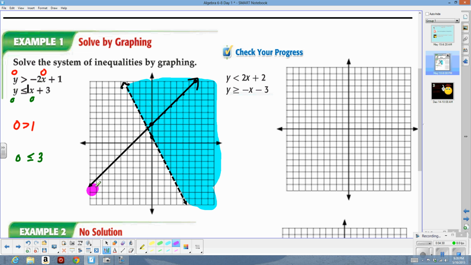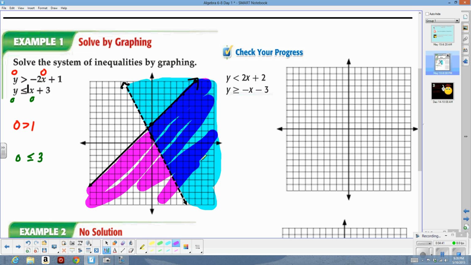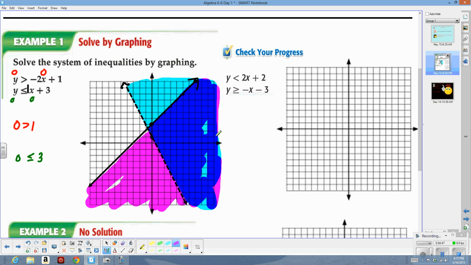So I want to shade this direction. Now where the two shadings overlap, that is the solution to the system. So this dark blue part, any of the points that fall in that section of the graph are solutions to this system of inequalities. You may want to pause the video and try the next one on your own.